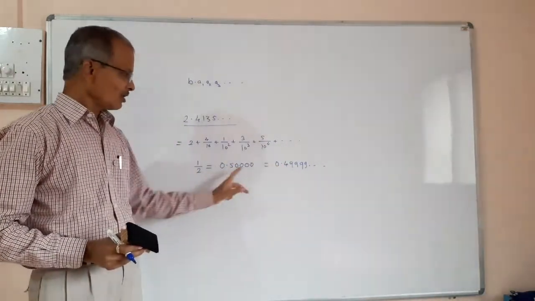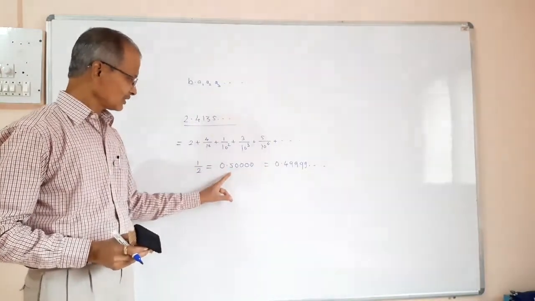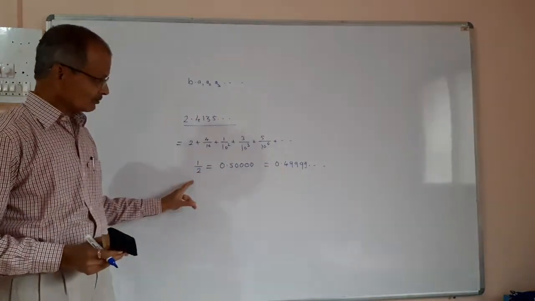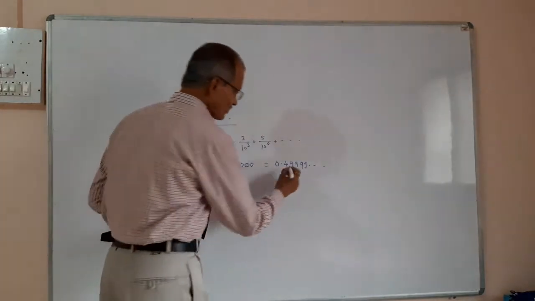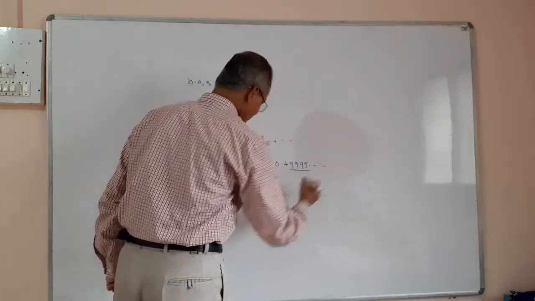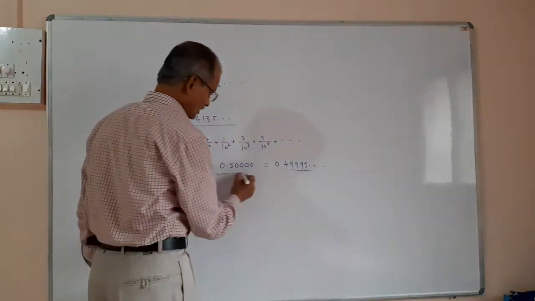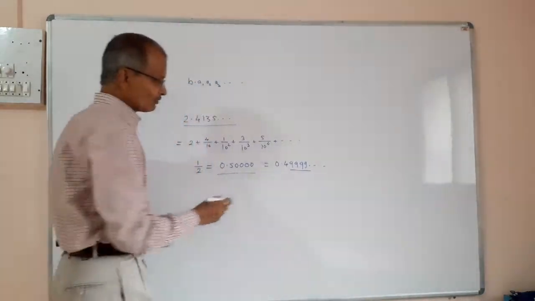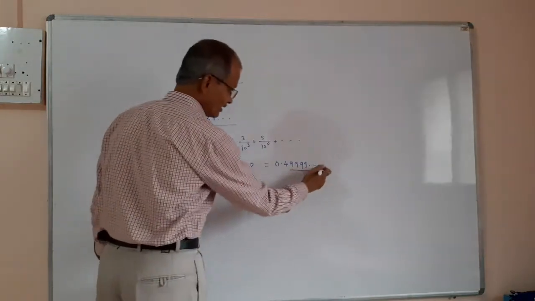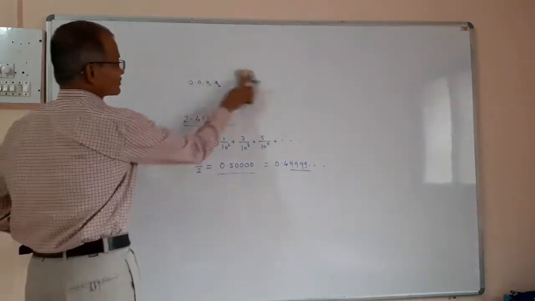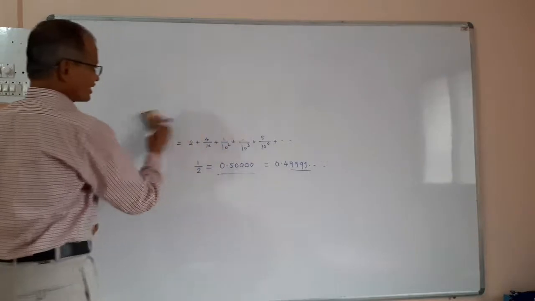So these two decimal representations of 1/2 are to be considered. This type of expression exists, and if you want a unique expression, we avoid repeated 9s.